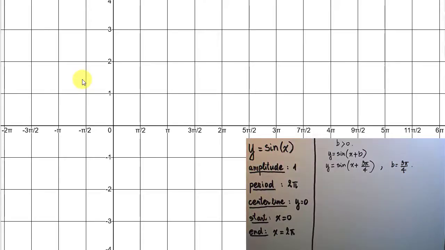All right, and so this is the graph of our original sine of x, the standard sine of x, and we already knew the amplitude as well as the center line, where it starts, where it ends, and the period for this base unit of our standard sine of x function is an interval of 2 pi.